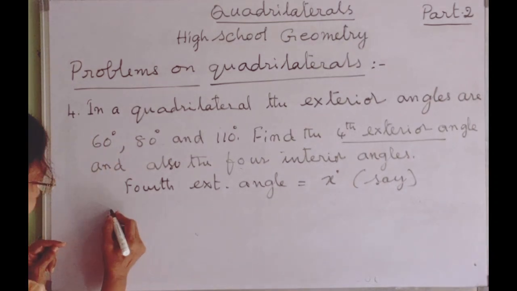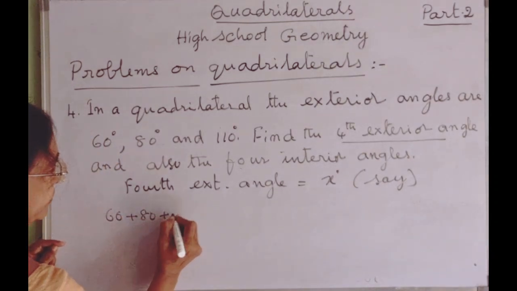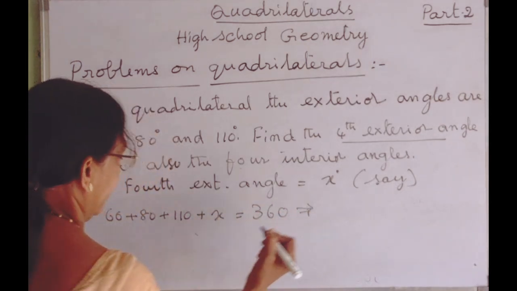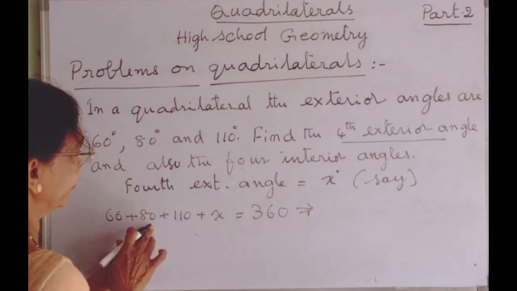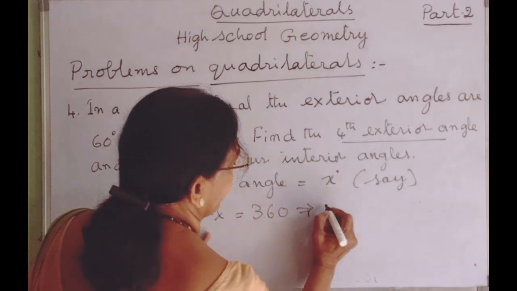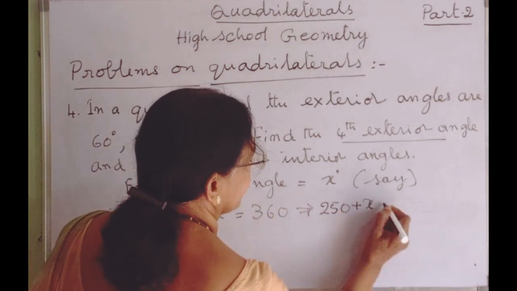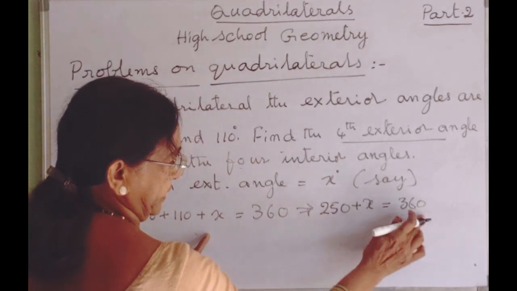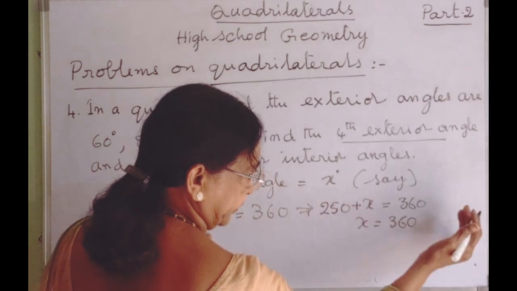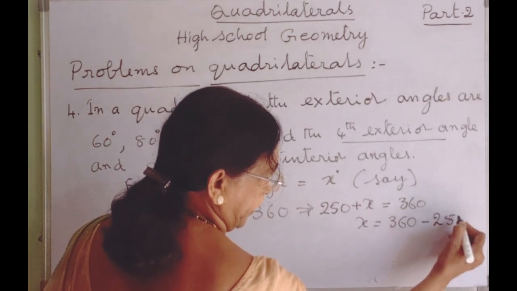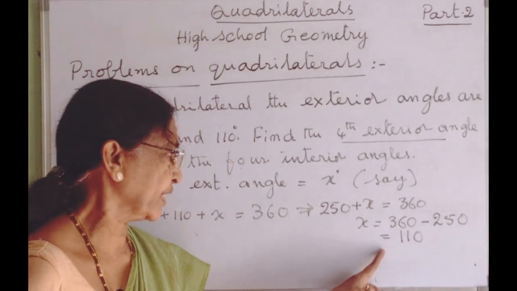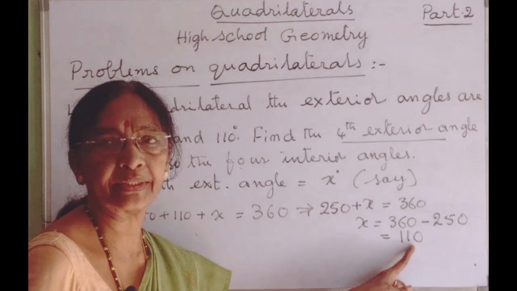So sum of the exterior angles 60 plus 80 plus 110 plus x is equal to 360 degrees. 60 plus 80 is 140, plus 110 is 250, plus x. 250 plus x is equal to 360. Therefore x is equal to 360 minus 250, taking 250 to the other side, it becomes minus. So x is equal to 110. Therefore the fourth exterior angle of the quadrilateral is 110 degrees.